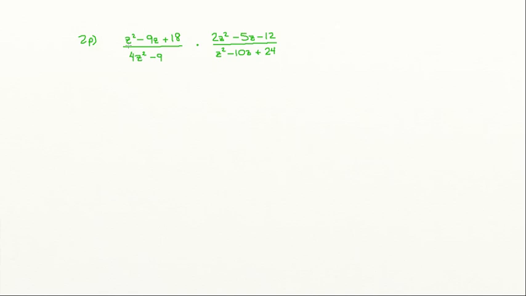Let's first of all factor z squared minus 9z plus 18, so two numbers that multiply to 18 and add to negative 9. So negative 3 and negative 6. Now we're multiplying by 2z squared minus 5z minus 12, so let's do a box for that one.